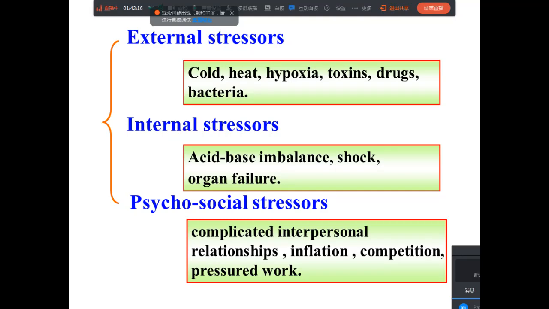So it is good. Now, if the stress is very strong, maybe you forget everything. You can't write. Understand? So that is stress.